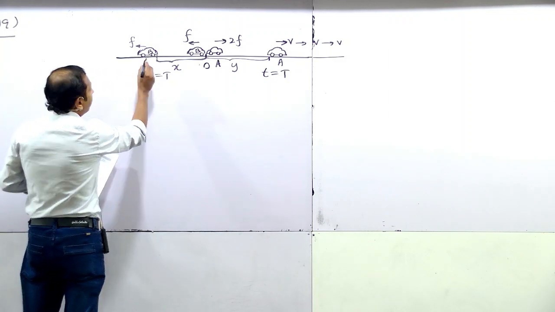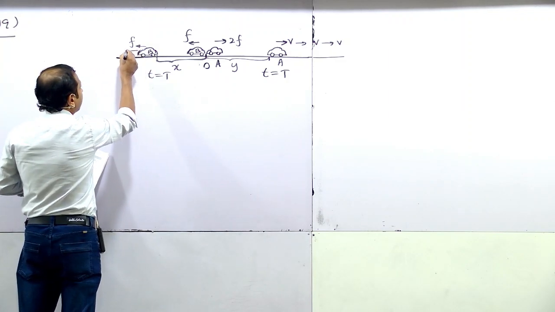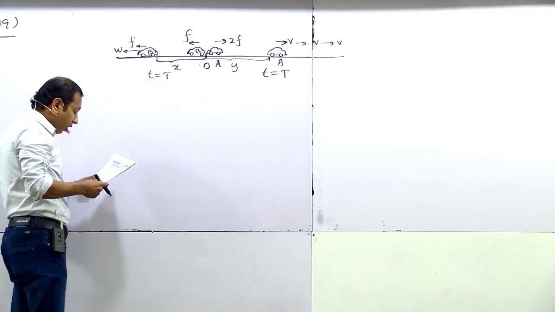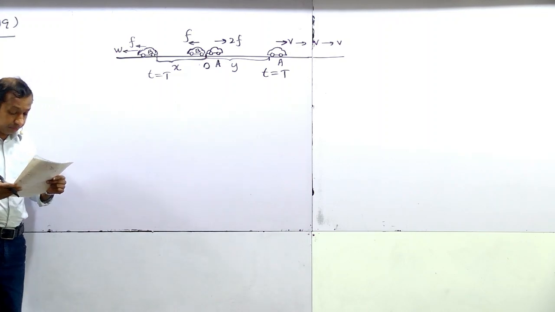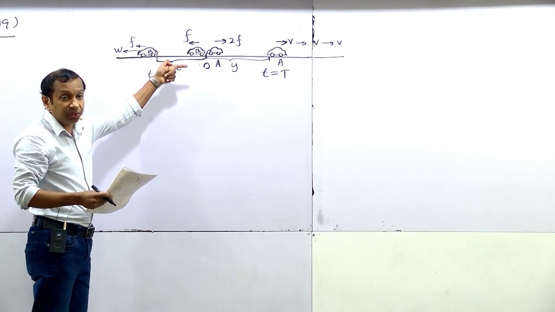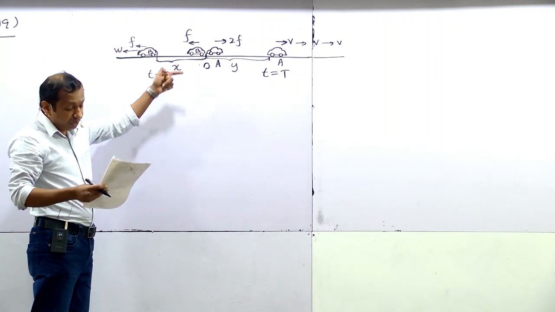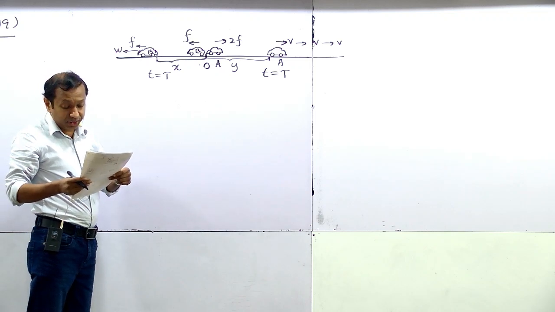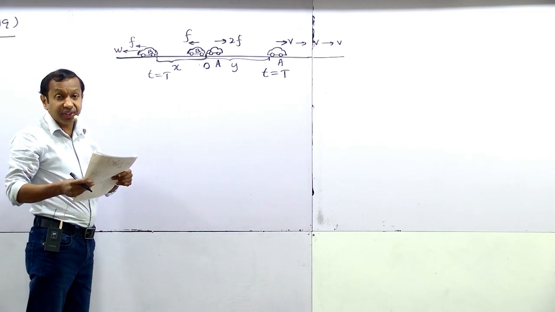If the velocity of this B at that moment I take as suppose W, we are given that car B meets another car C moving in the opposite direction of B. That means C now moves to the rightward direction, with the speed of B, with uniform acceleration F.